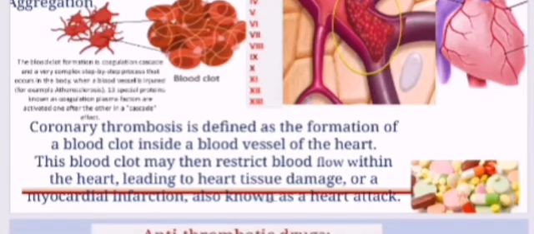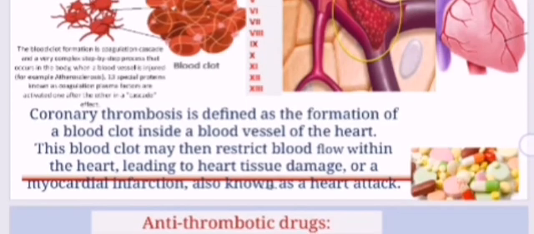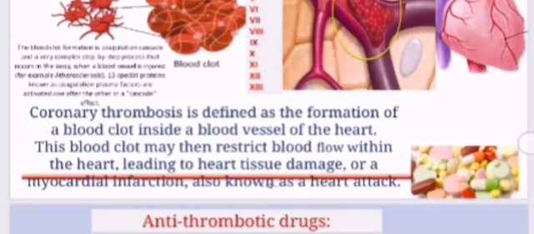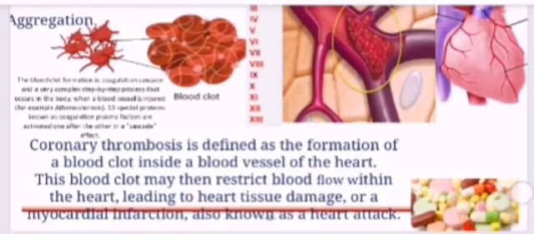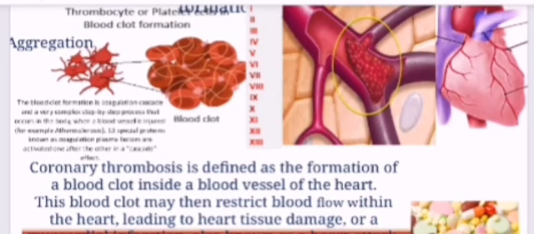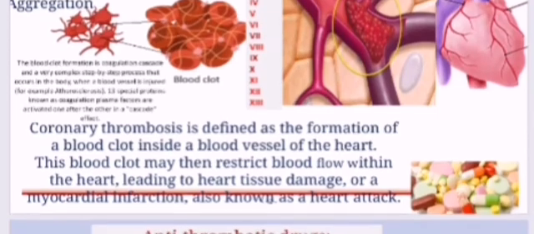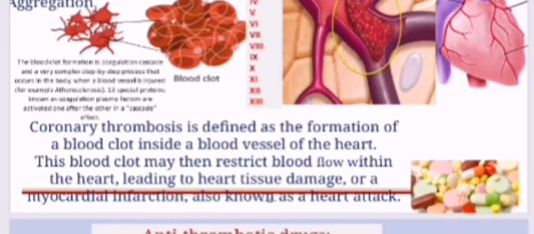Thirteen special proteins known as coagulation plasma factors are activated one after the other in a cascade effect. Coronary thrombosis is defined as the formation of a blood clot inside a blood vessel of the heart. This blood clot may then restrict blood flow within the heart, leading to heart tissue damage or myocardial infarction, also known as heart attack.